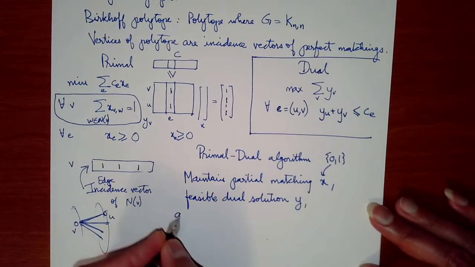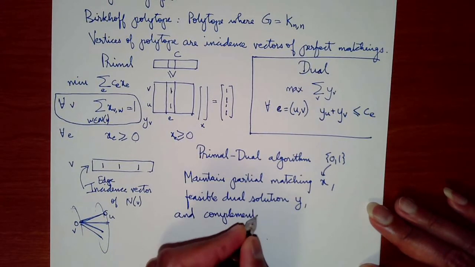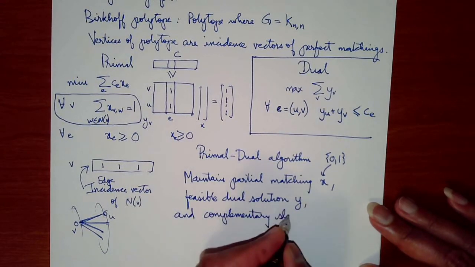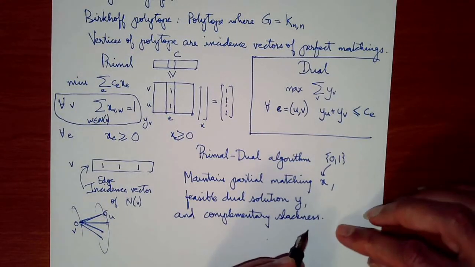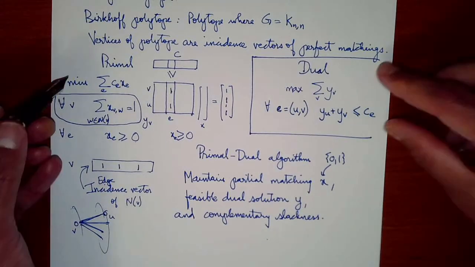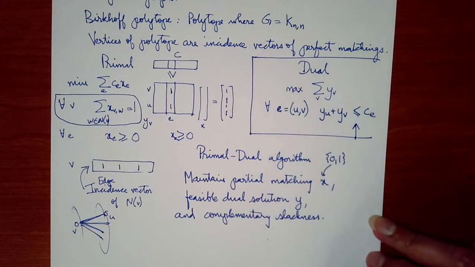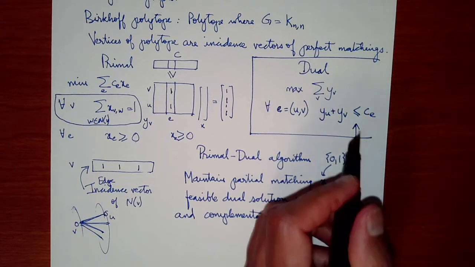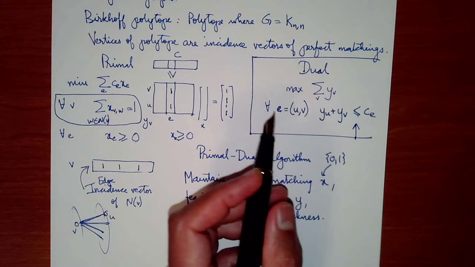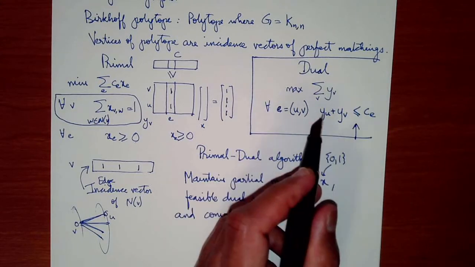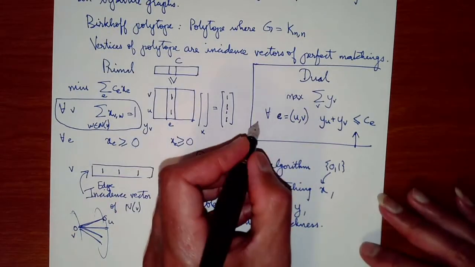And we maintain complementary slackness. So let's write out what the complementary slackness conditions are. When you look at the primal and dual, the only inequalities are here. This is the only inequality constraint. Now what is the variable corresponding to this constraint? This is actually the primal variable xe.